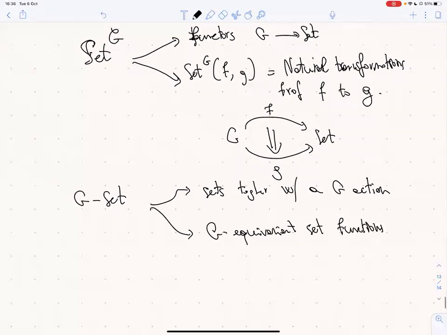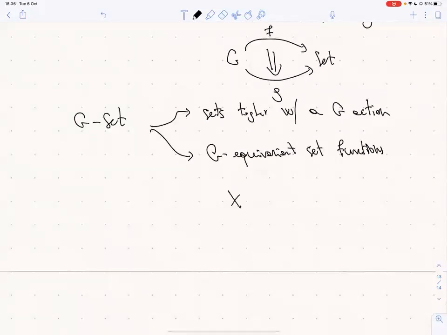So this means that these are set functions f such that if I take g times f of y, this is the same as f of g times y. When by times I mean the action in X, and this time is the action in Y, okay? So this is what it means to be G equivariant.